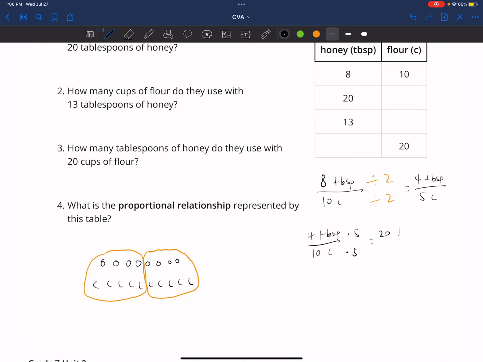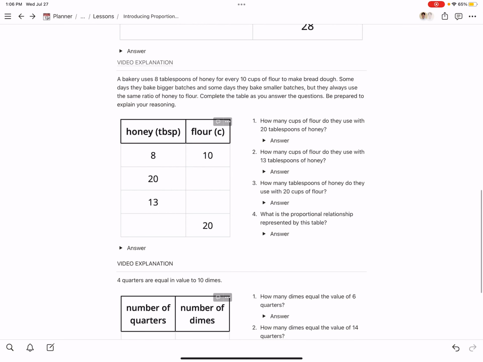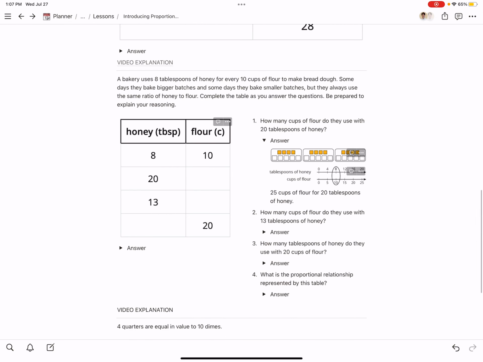And then the flour, 5 cups times 5, is going to be, and if I wanted to check my answer, I go here, check the answer, and it says 25 cups of flour.